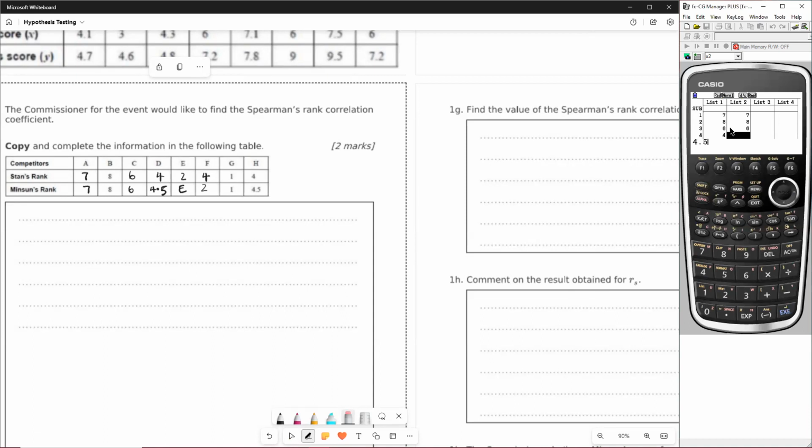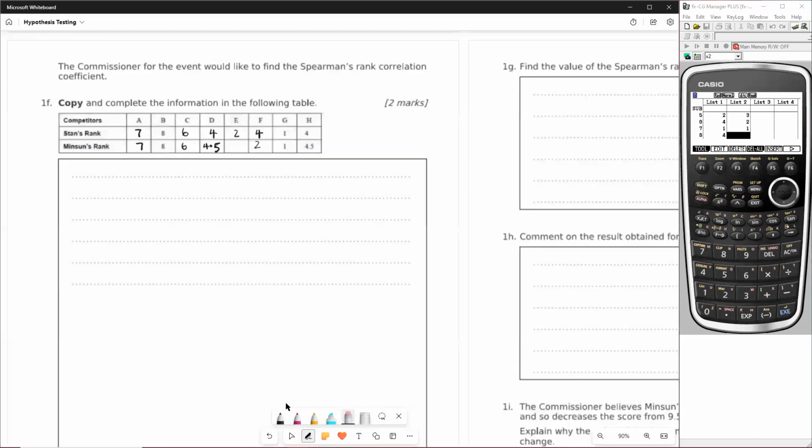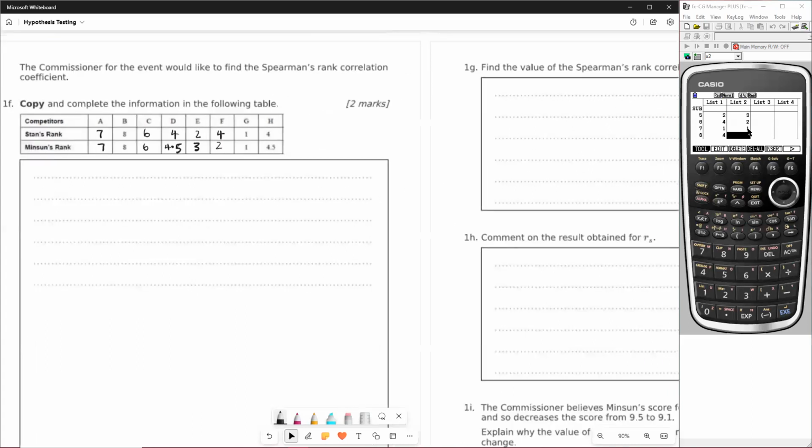I think I wrote E instead of 3, but yeah, that should be a 3, 2, 1. That should be a 3. Okay. Then where was I? 1, 4.5.